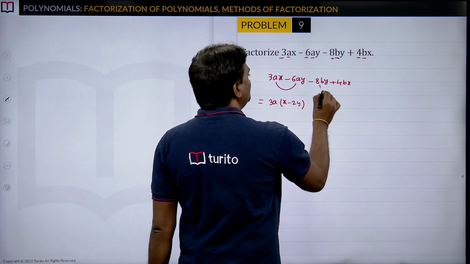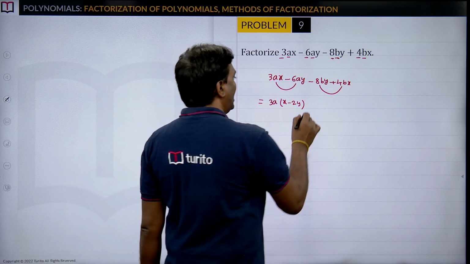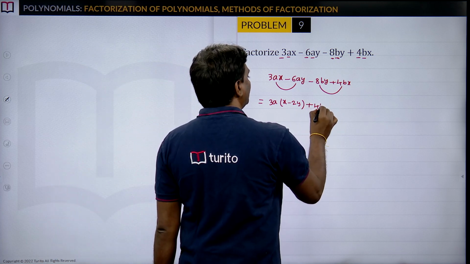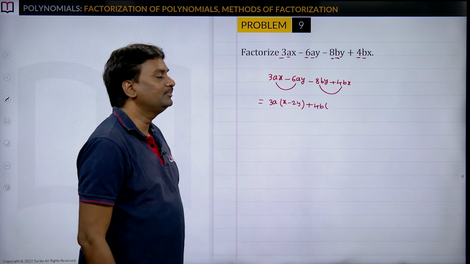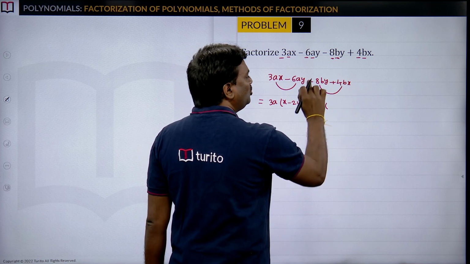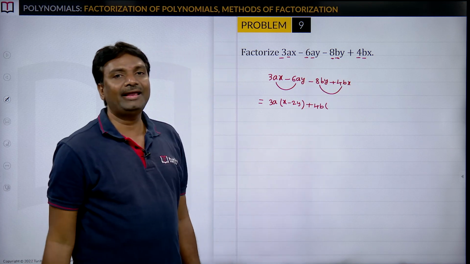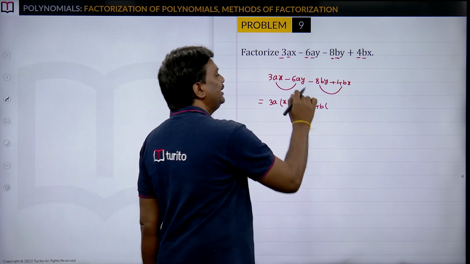Next, from these two terms we take 4b as common. So, by taking 4b as common, here we have minus 2y, since 8 can be written as 4 into 2, but here minus is there.